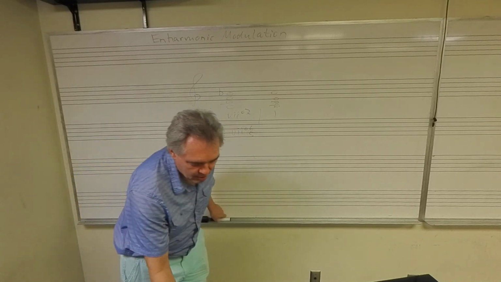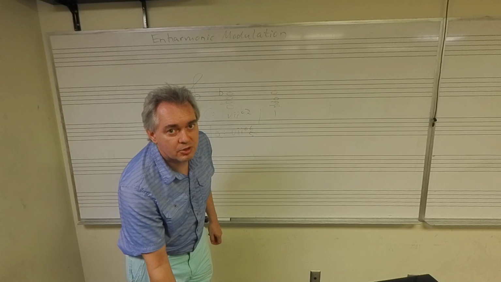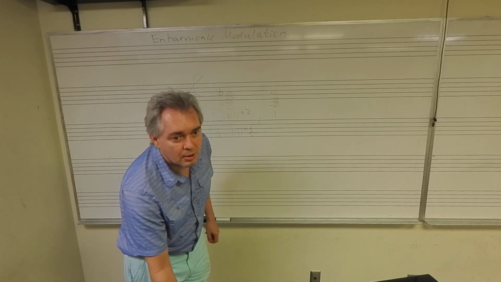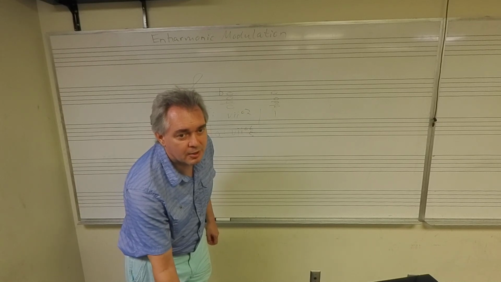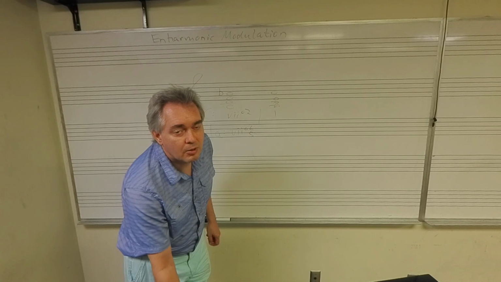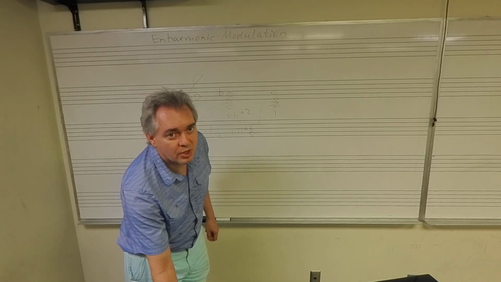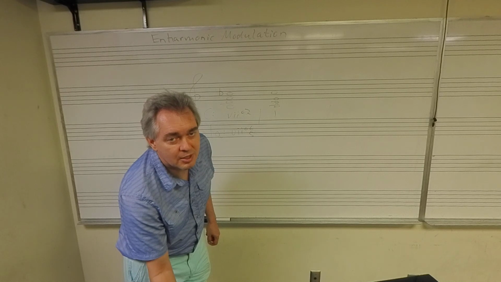So to C or C minor, or to E flat or E flat minor, or this being the leading tone to G flat or G flat minor, or F sharp minor in this case.